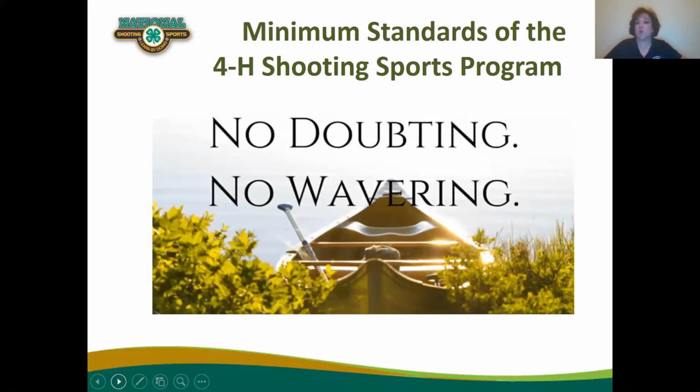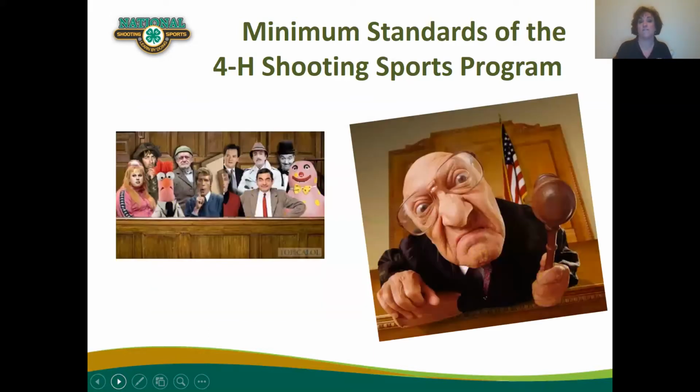There should be no wavering from these 10 minimum standards, because if you deliberately disregard one of these 10 commandments, and if somebody gets hurt, or worse yet, somebody dies, then your fate is in the hands of the judge and jury.